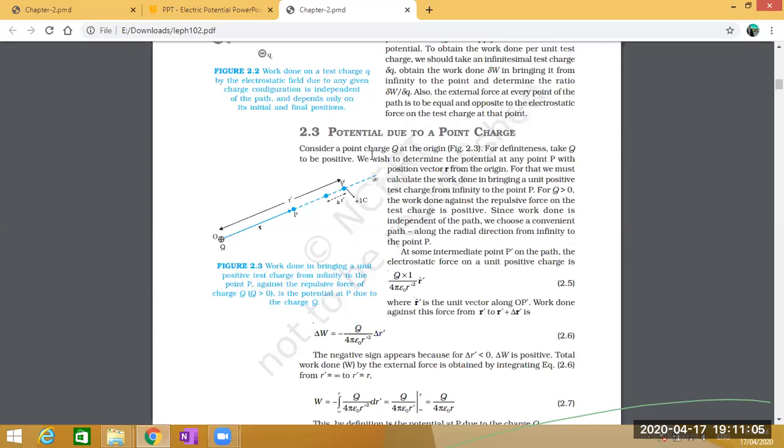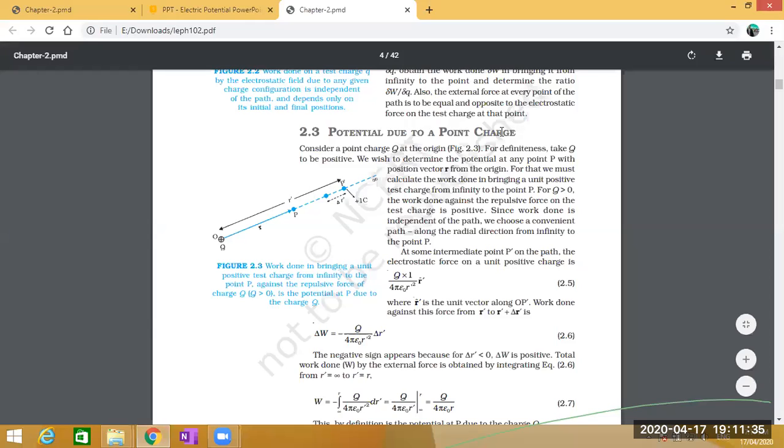So here the topic is potential due to a point charge. First of all, in the last class we discussed that electric potential is defined as the amount of work done in moving a unit positive charge from infinity to that point. So that was all clear. Now first, we have to calculate electric potential due to a point charge.